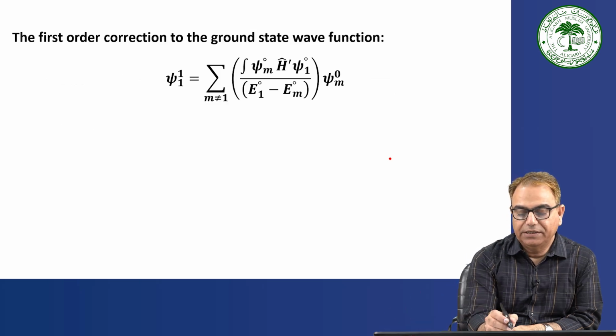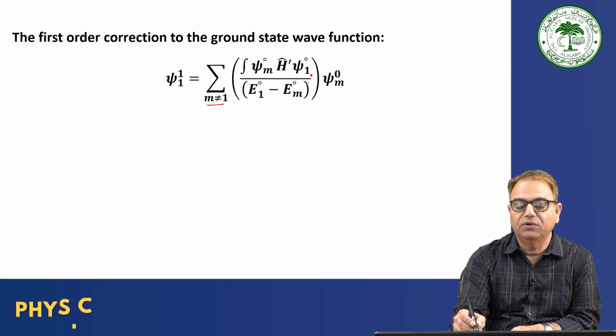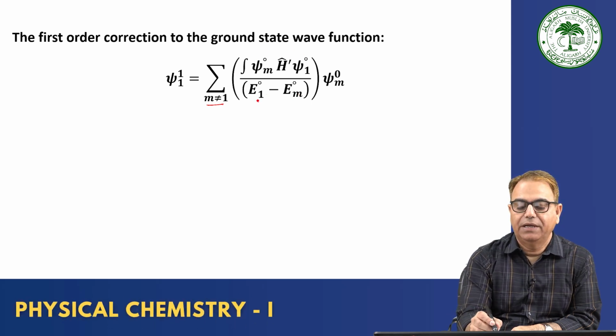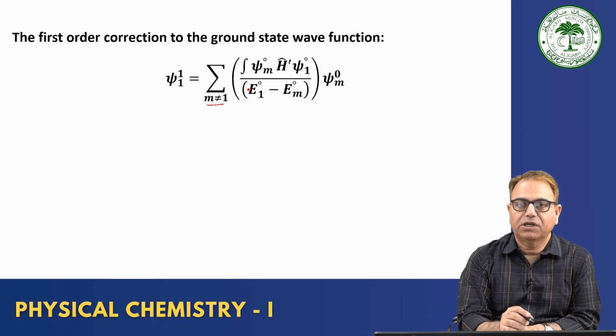Now you see it is a summation term, m not equal to 1. If m is equal to 1, then it will be E1 naught minus E1 naught, and this will be a very high value, which it should not be, and it will be a degenerate system. Degenerate perturbation theory is another theory about which we will talk later on.